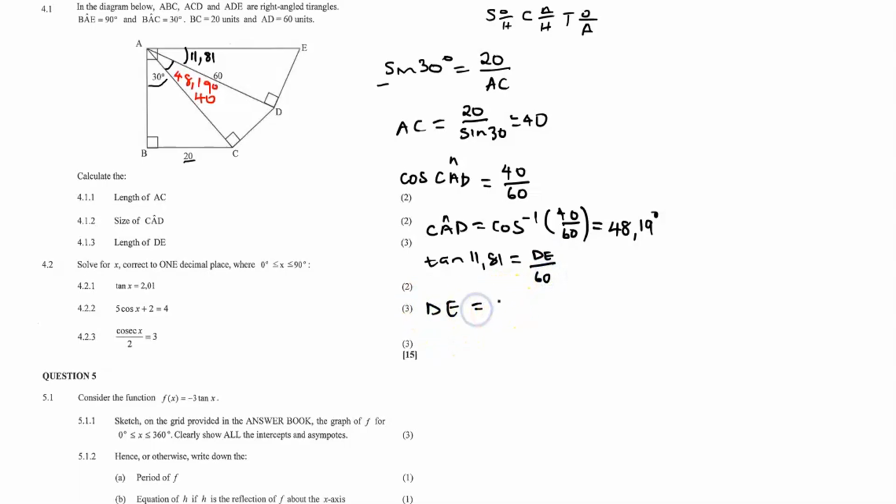Your DE is equal to 60 tan 11,81 degrees, which means our DE is equal to 12,55. So it's going to be 12,55 units, since it's a distance. So we've got 12,55 here.